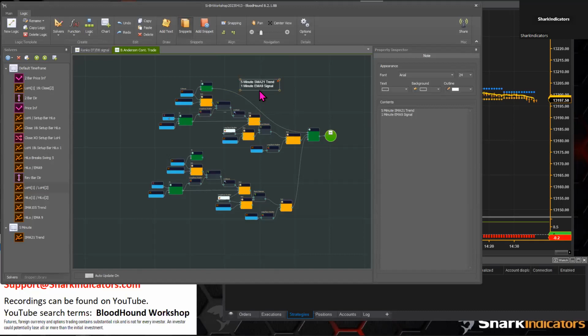Again, this is supposed to be fixed so that these visual adjustments don't trigger a recalculation in the next update that we're working on, not the next version, the next update.